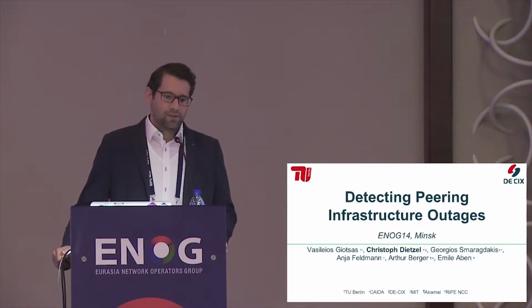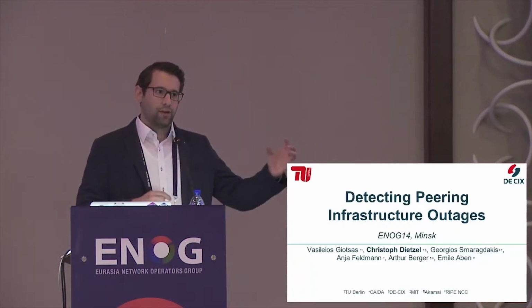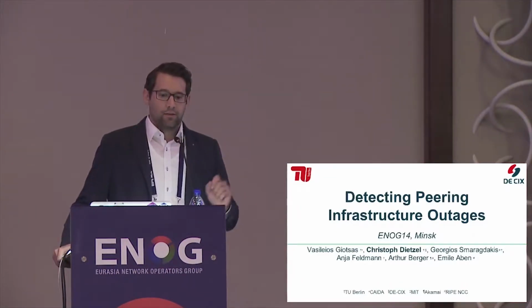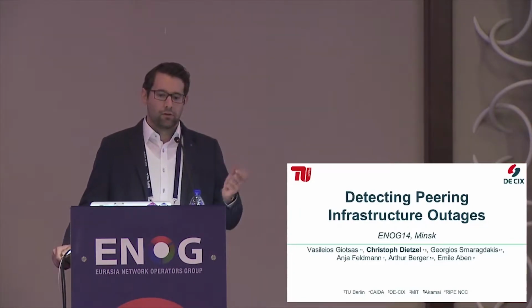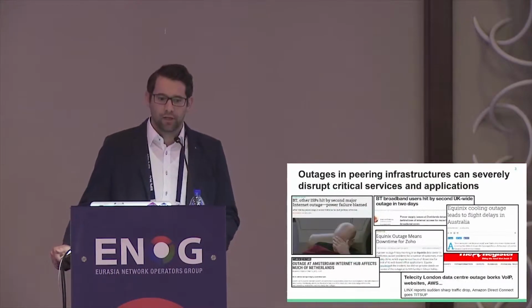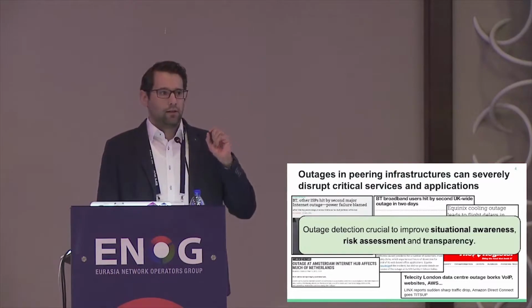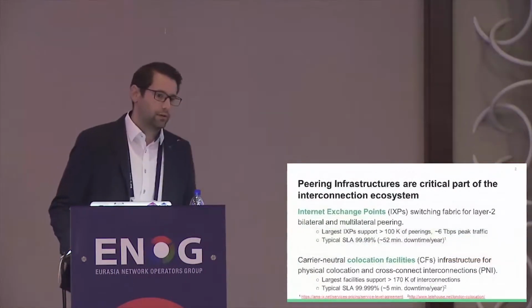Those facilities, even though they are not that different from the IXP ones, because usually IXPs are hosted in the same facilities, support about 170,000 interconnections within one such carrier hotel. Typical SLAs here have 3 nines, which means the SLAs are quite stricter here. So they allow a downtime of about 5 minutes per year.